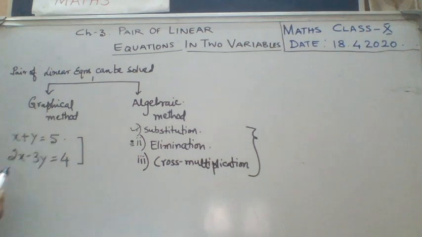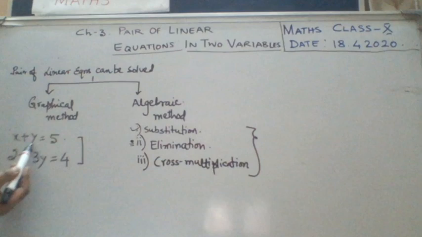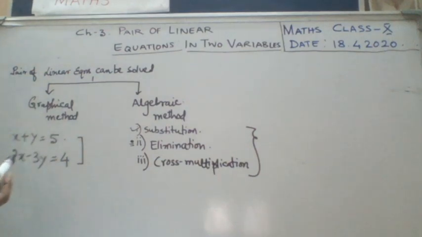That is a solution. If you take x equal to 1, y will be 4. So x equal to 1, y equal to 4 is another solution. If you take x equal to 2, in that case y will be 3. So that again is another solution. In this way, you can have infinite solutions for a linear equation in two variables.